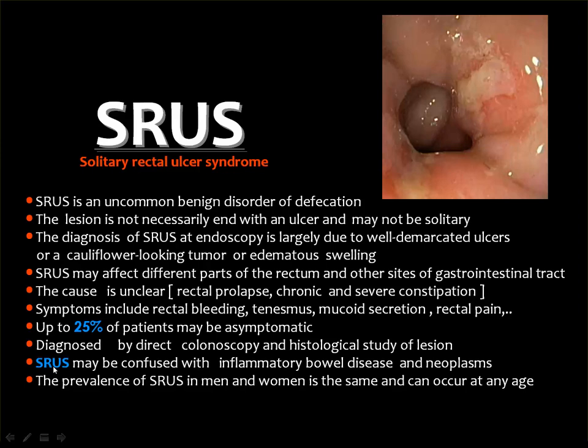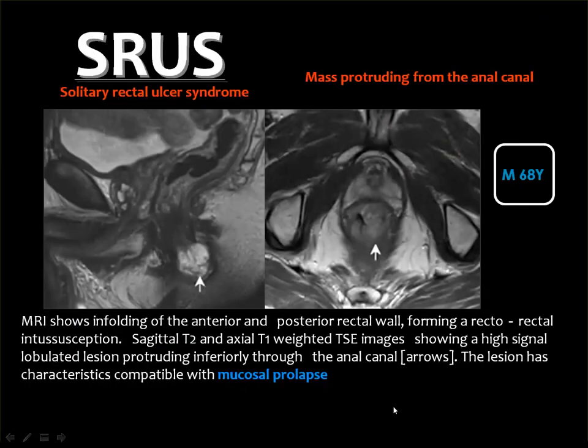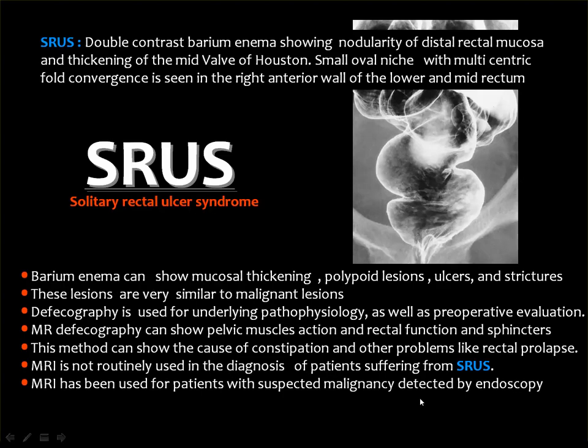The solitary rectal ulcer syndrome ulcer may be confused with inflammatory bowel disease and neoplasms. Actually, the role of imaging here is extremely limited. When you see this lesion, which is bright in the T2 weighted image, according to the literature, they said that this is classic for mucosal infolding or mucosal polyps, and I don't think so, in my opinion, but this is just an example of the appearance in the MRI.